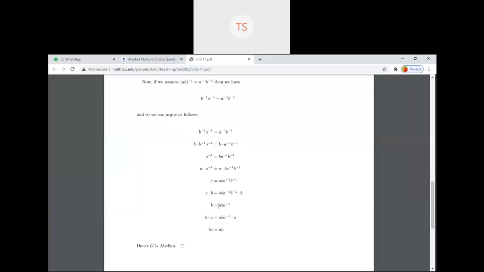Again, I will get b is equal to a b a inverse. So again, here I have multiplied a to both sides and I am getting a b is equal to b a. That means the group G satisfies the commutative law and hence it is an abelian group.